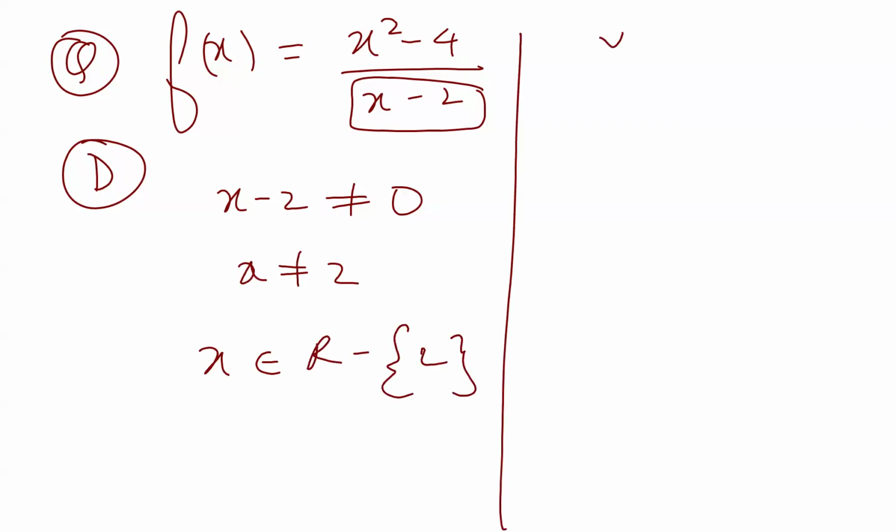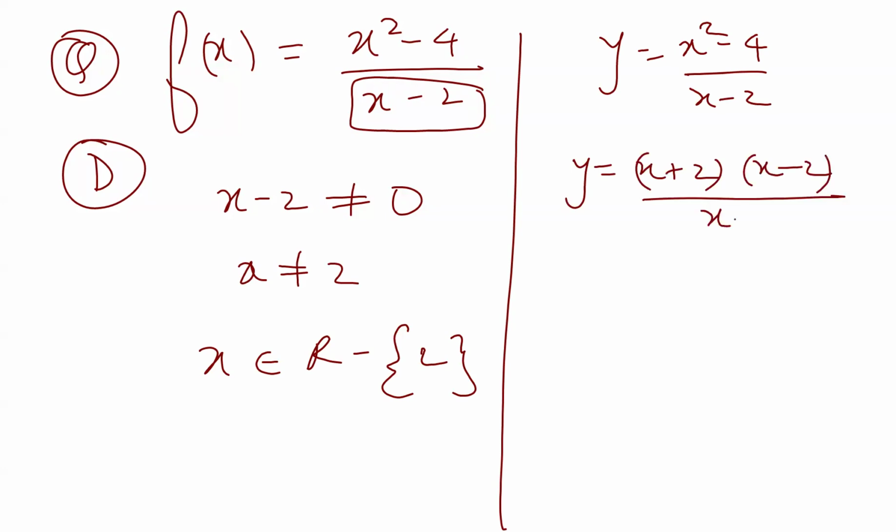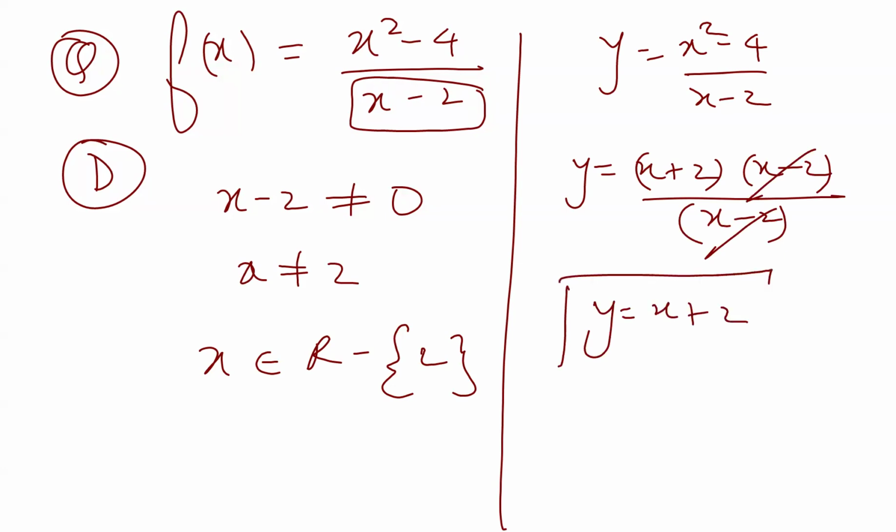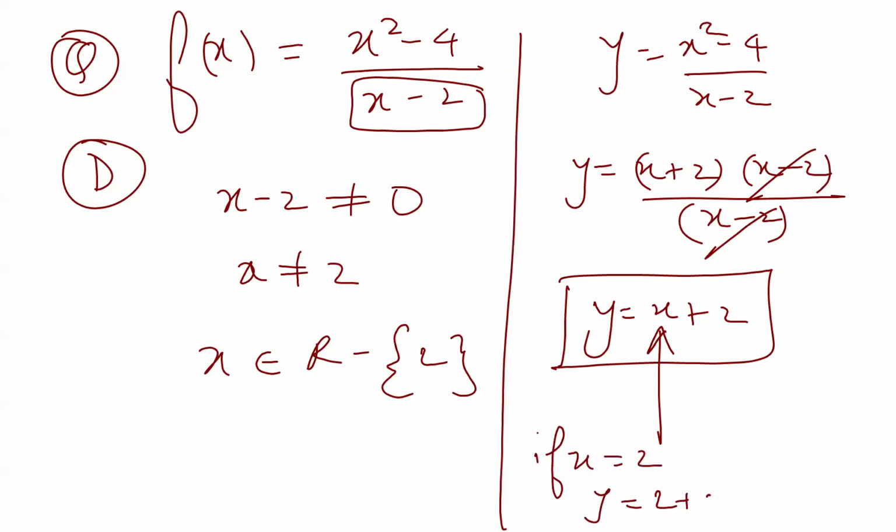Now y is equal to x square minus 4 upon x minus 2. Y is equal to x plus 2 into x minus 2 upon x minus 2. Cancel out the x minus 2 over here. So y is equal to x plus 2. Okay, this much we know. Now we cannot take x value as 2. If x is equal to 2, y is equal to 2 plus 2 is equal to 4.